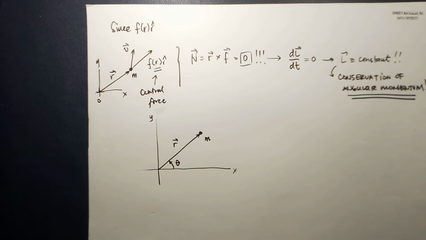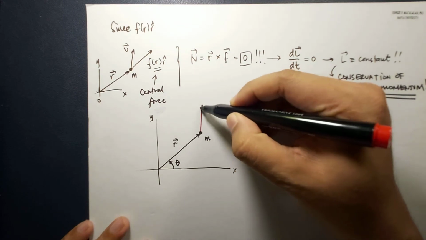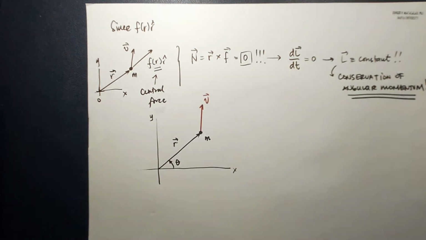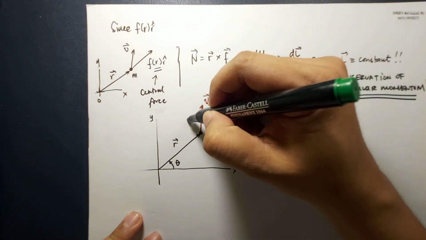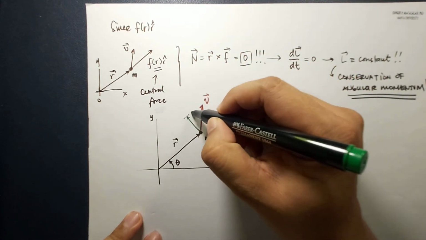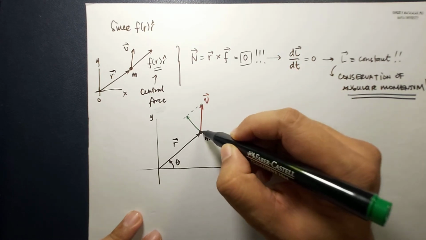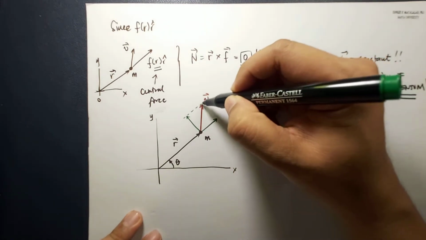If, for example, this is the velocity, the velocity with respect to the position vector r will have two components, one that is perpendicular and another one that is parallel.